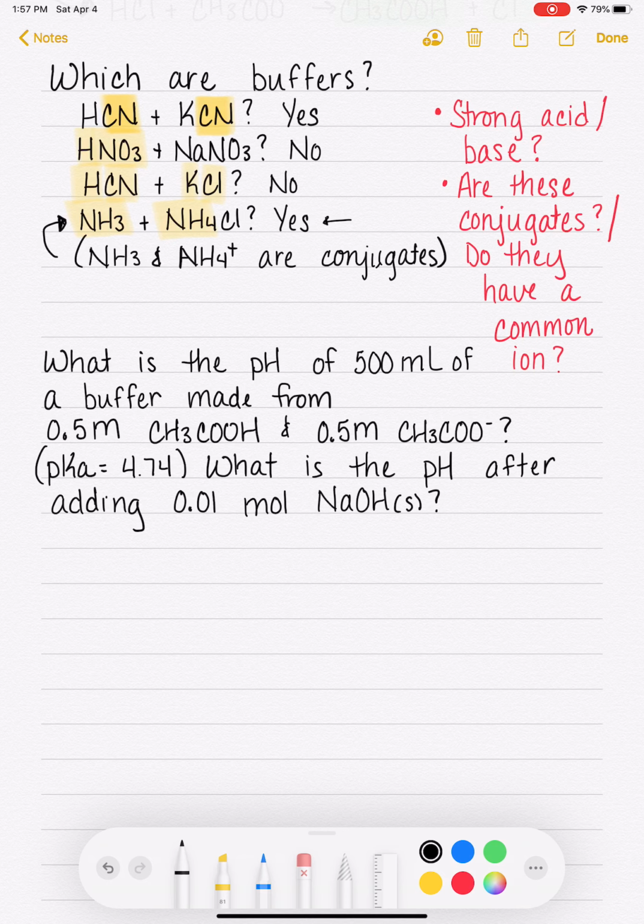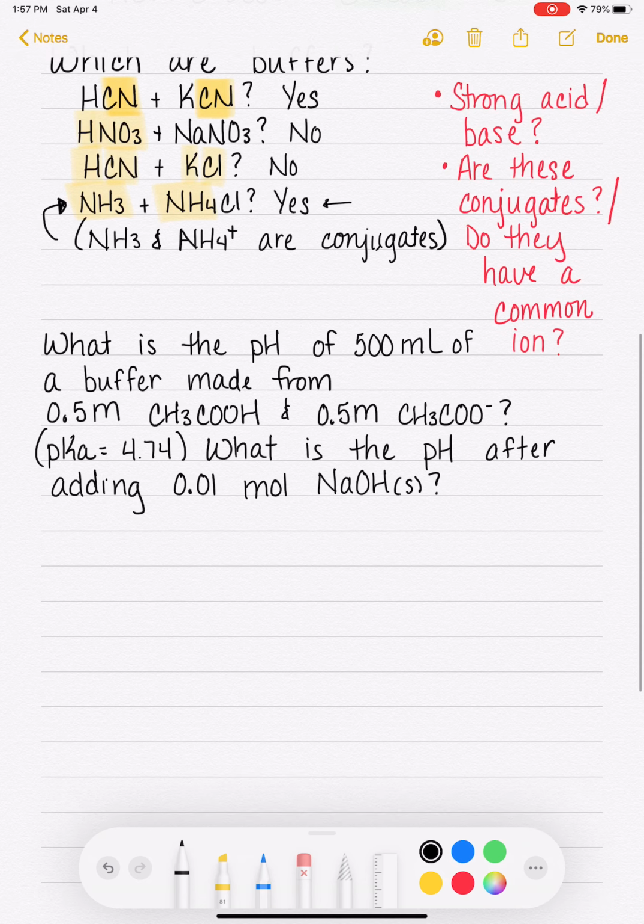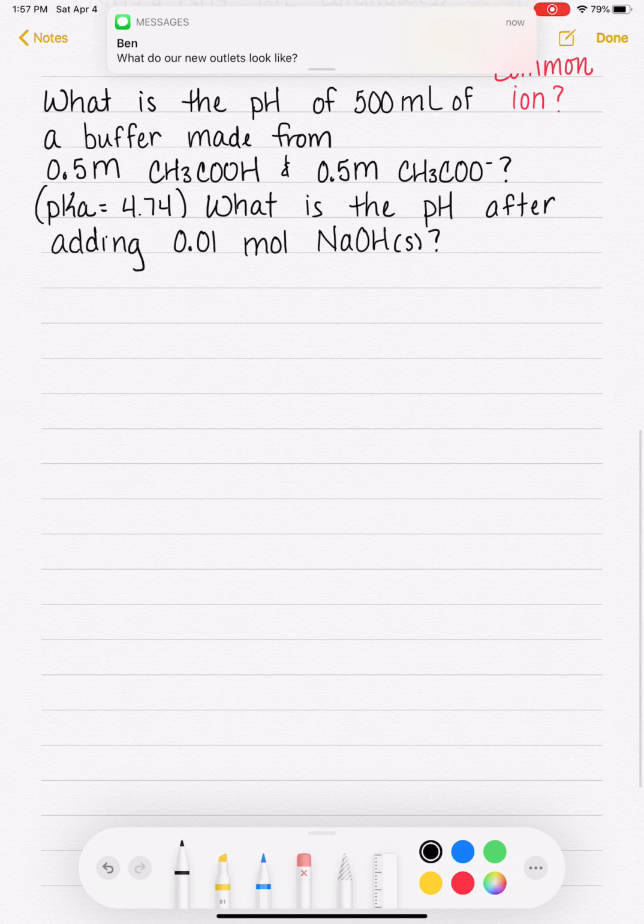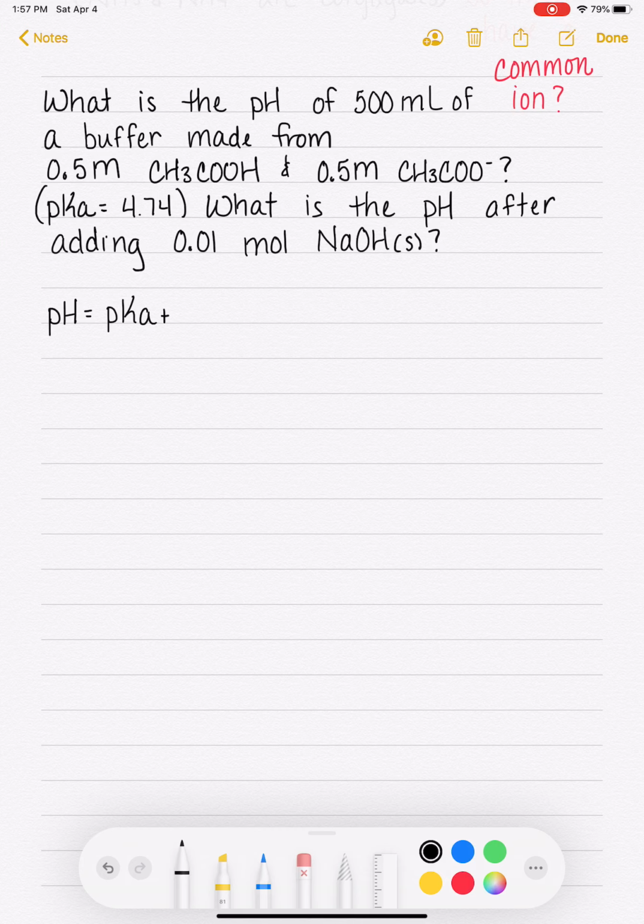So when we're just doing the first part of the problem, we're calculating the pH of a buffer. We are going to just use the Henderson-Hasselbalch equation. pH equals pKa plus the log of the base concentration over the acid concentration.